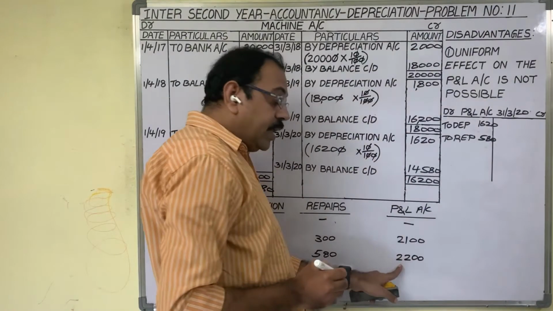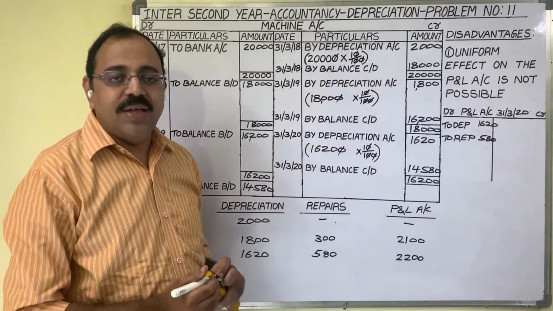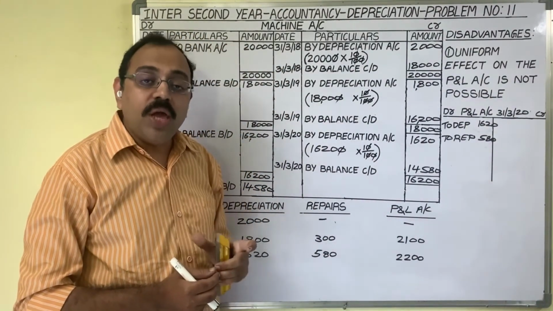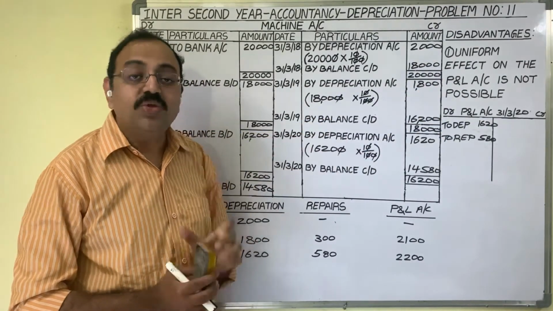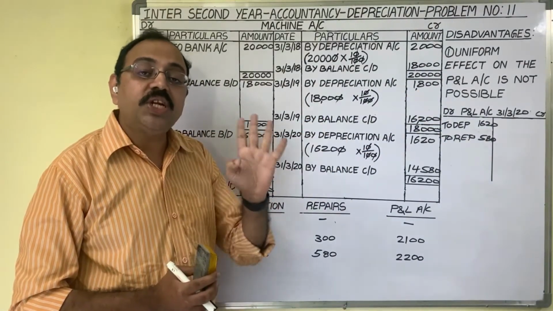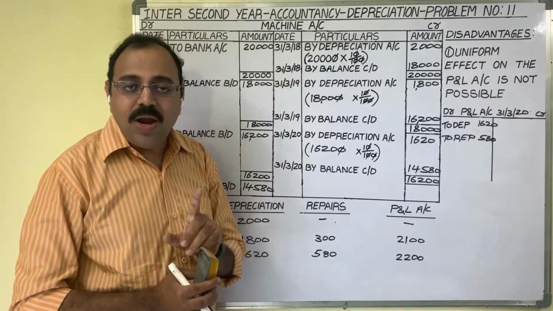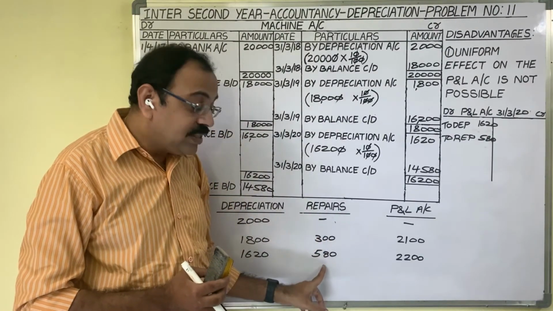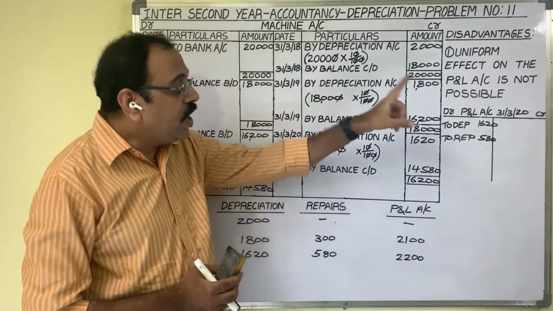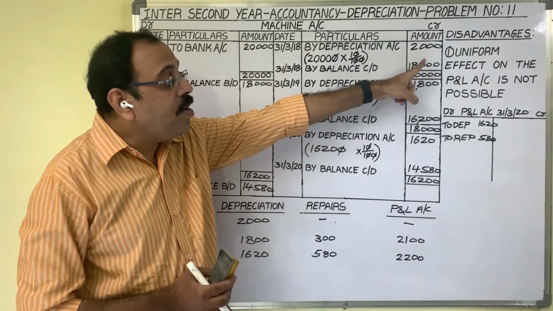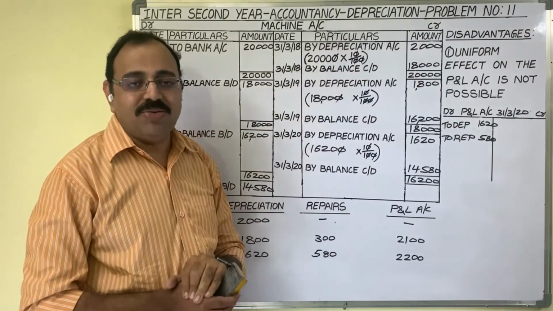Then total burden is 2200. In this case also, you cannot put a uniform burden to P&L account every year. So when rate of depreciation is wrongly taken or when repair charges exceed our expectation, in these two cases, you cannot maintain uniform effect on the profit and loss account.